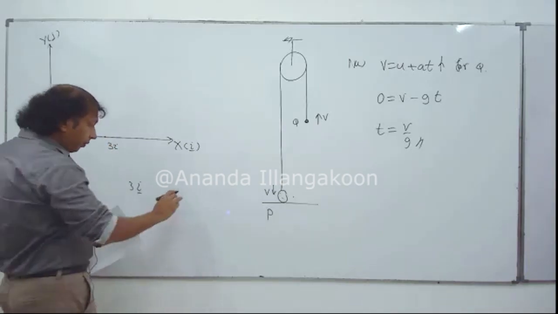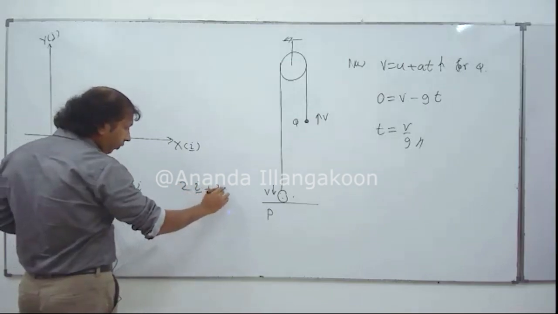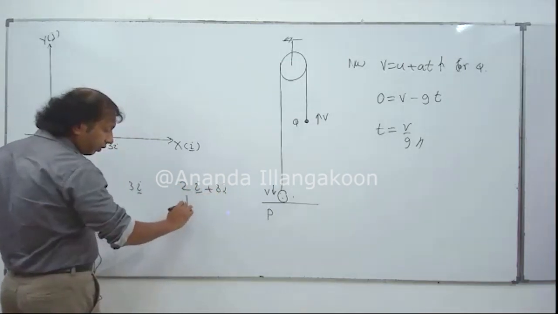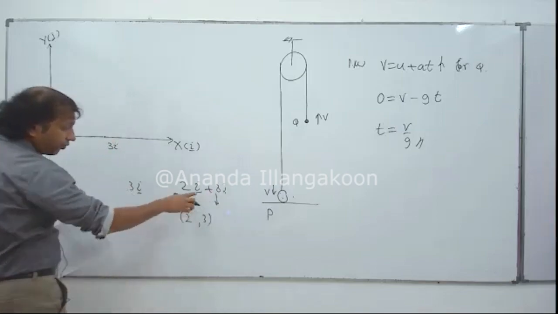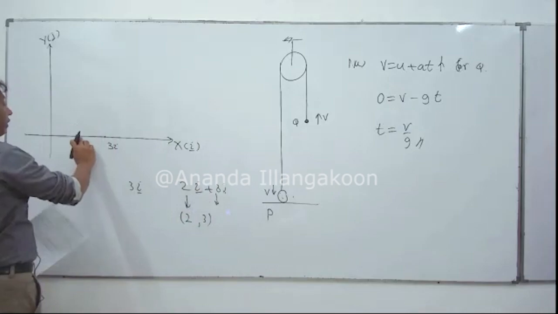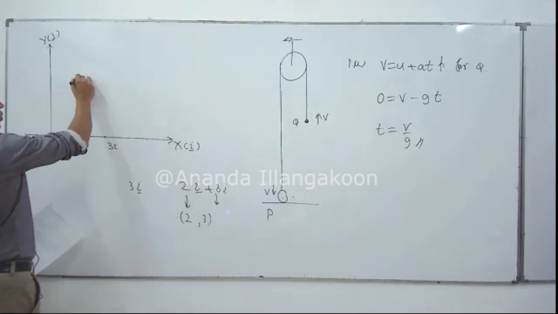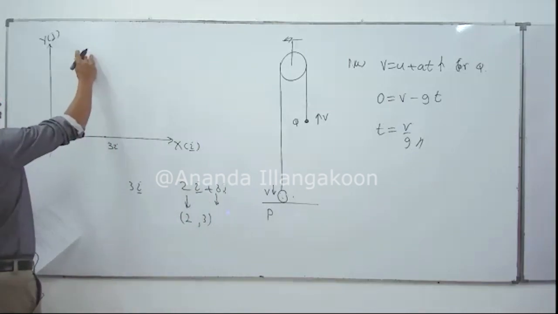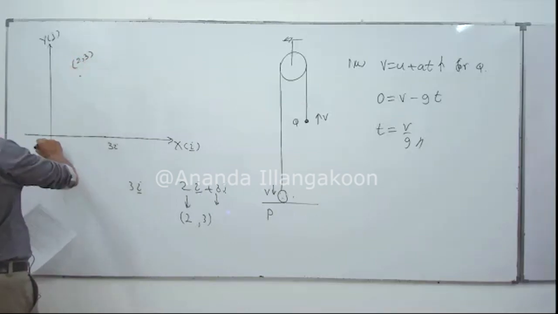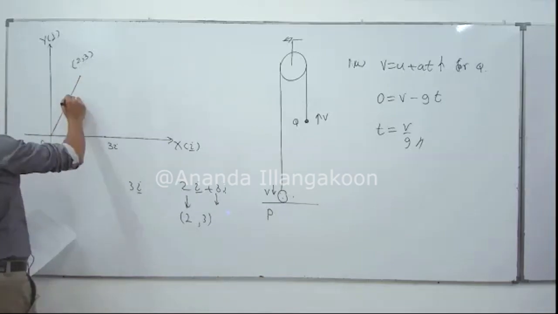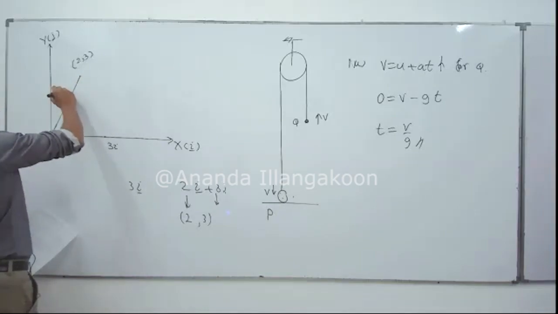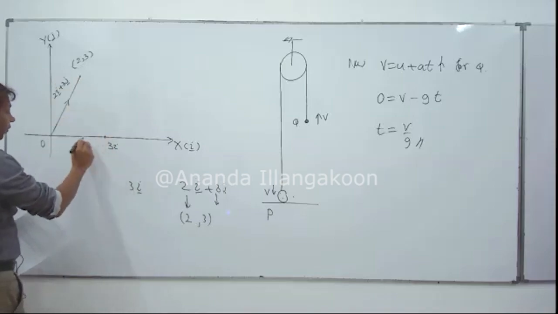And 2i plus 3j: the point with this position vector has x coordinate 2, y coordinate 3. So the (2, 3) point has this position vector, and 3i is this.